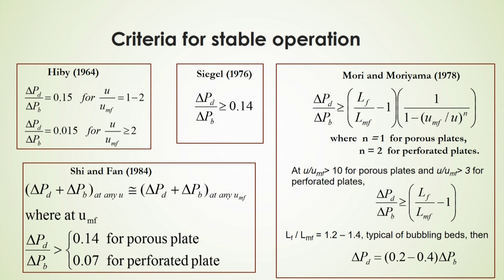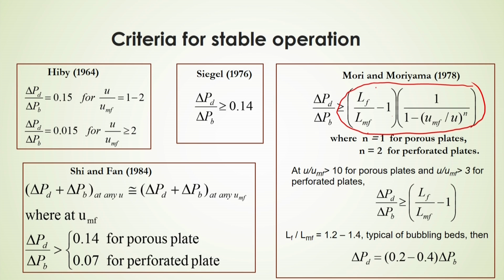And Mori and Moriyama 1978 developed a criterion for stable operation of the fluidized bed, for distribution of the gas, by designing the distributor such that the distributor pressure drop is greater than a factor of the bed pressure drop. That factor is LF by LMF minus 1, into 1 by 1 minus UMF by U to the power n.